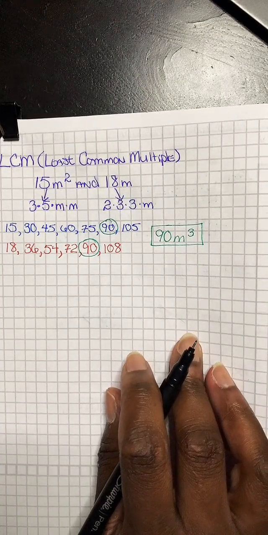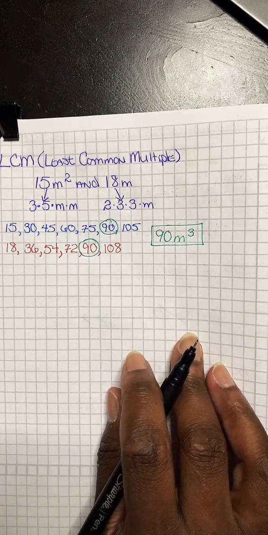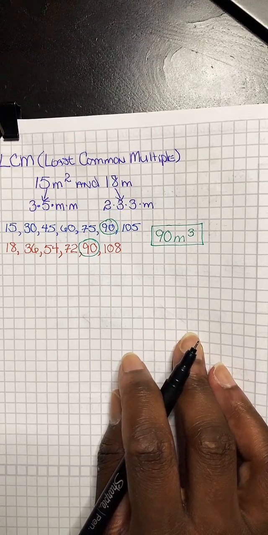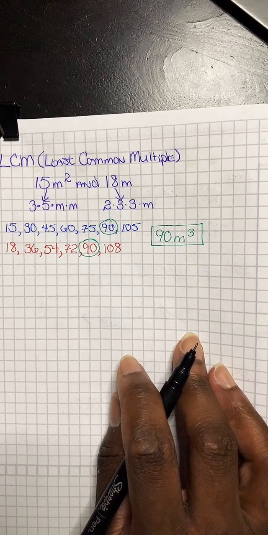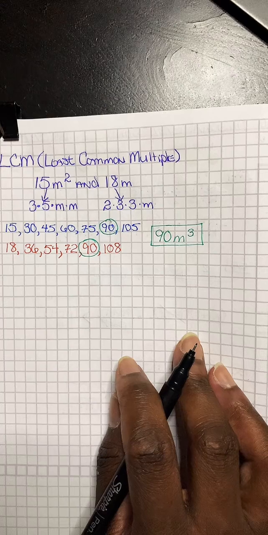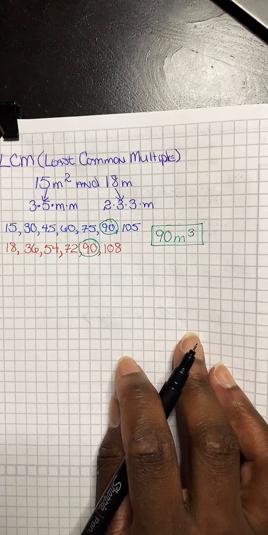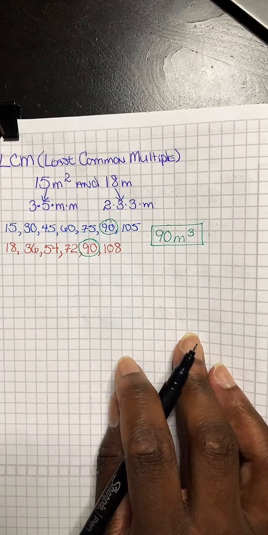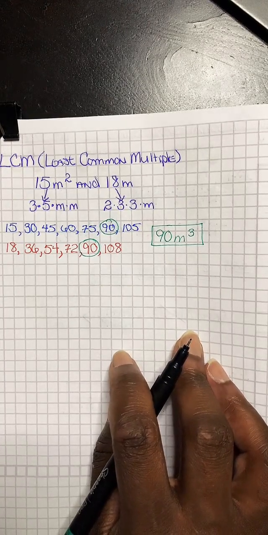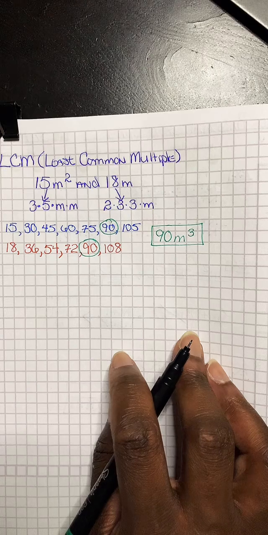This is good to know, right? Because when we get into unlike denominators, we got to do something in order to make our denominators common denominators. Okay? So we need to do that. All right? So let's give it a try.